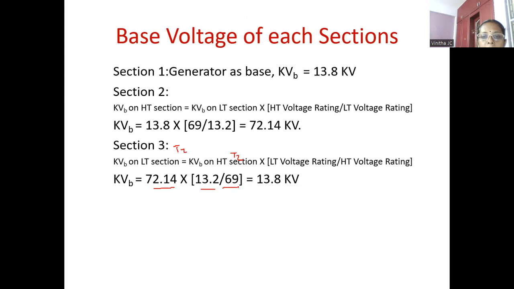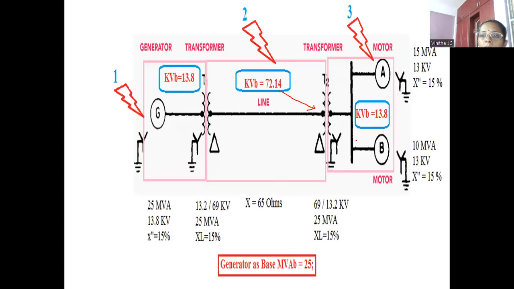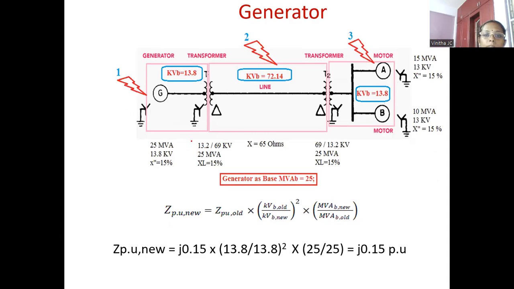If you simplify this, we will get the answer 13.8 kV. So for the third section, kVB new is equal to 13.8 kV. Now we have calculated kVB new for all the three sections. If we know the value of base MVAB and kVB, we can go for per unit calculations.